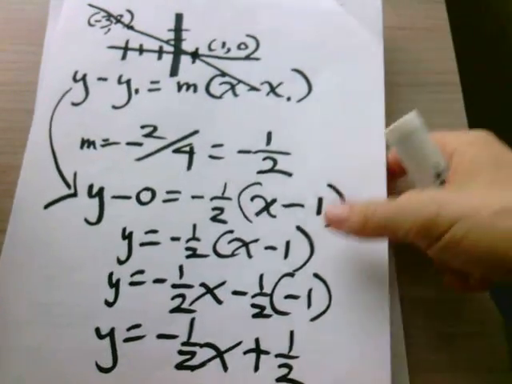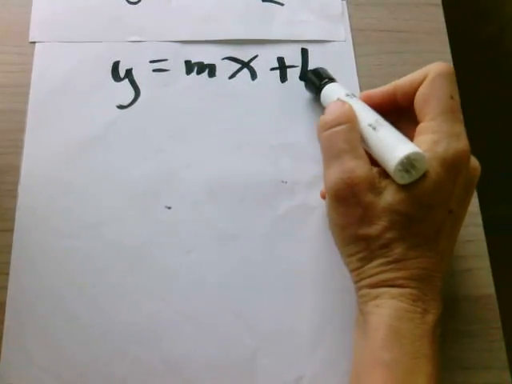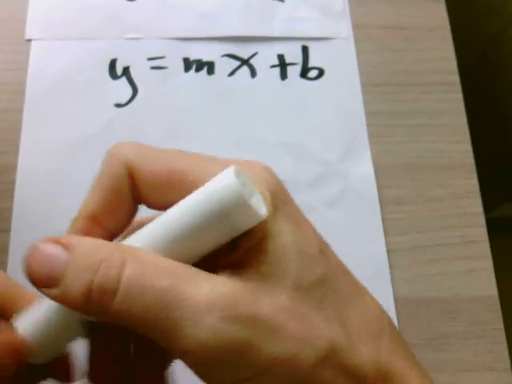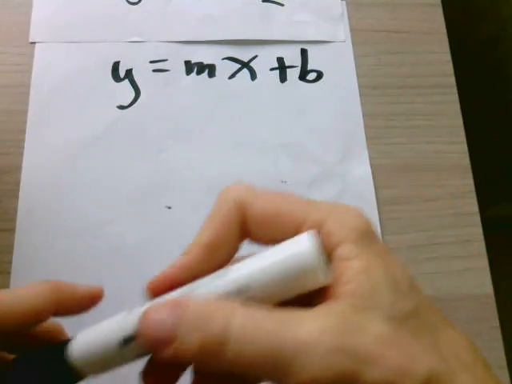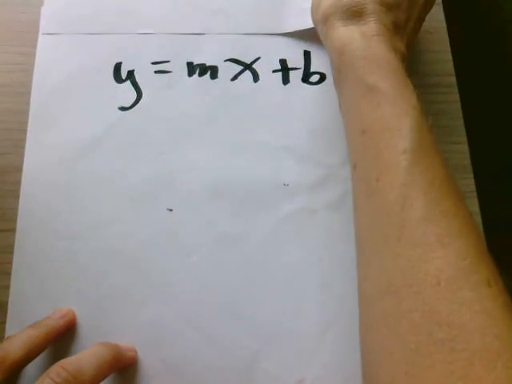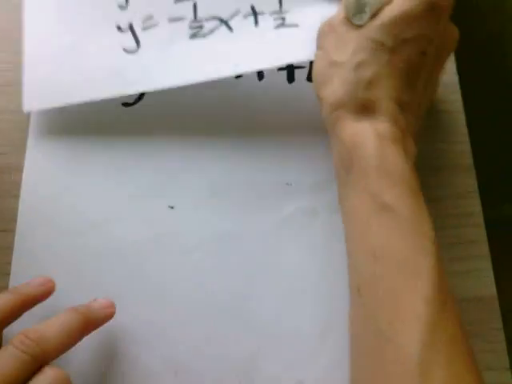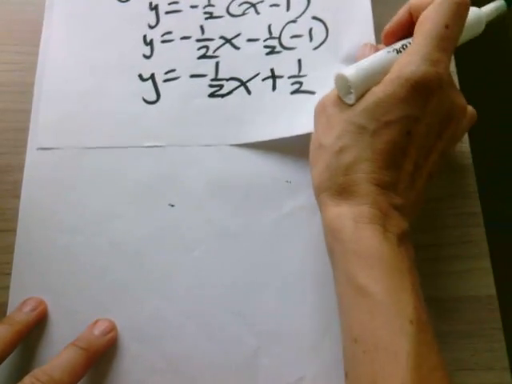So b is the y-intercept. The y-intercept is where x equals 0. So let's plug in x equals 0 to this equation.